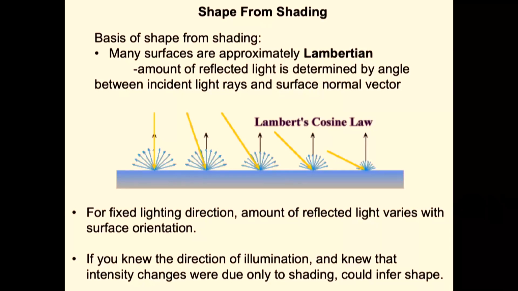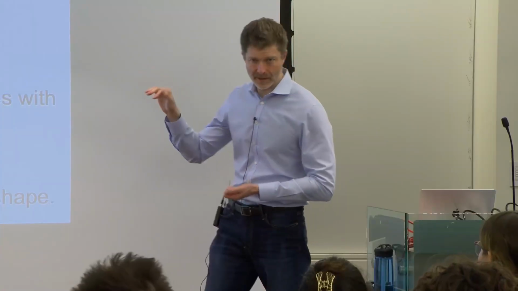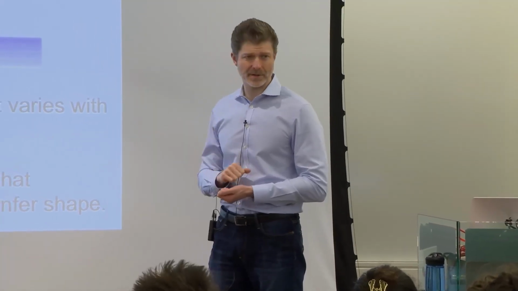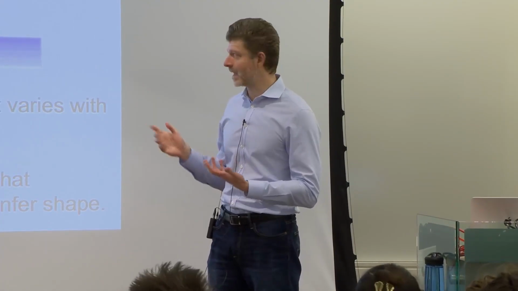All right, and so the basis of shape from shading is kind of like the opposite of what is shown in this diagram. So this diagram is showing a situation where the surface orientation is fixed and the illumination direction is varied. Okay? And that doesn't happen very often in the world.